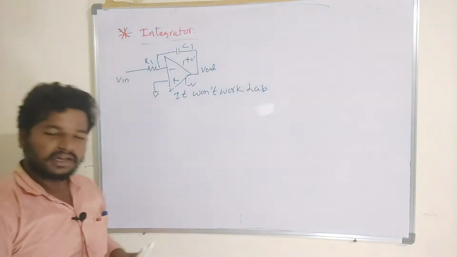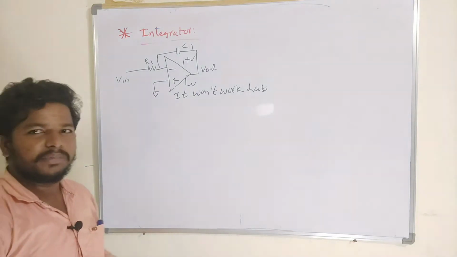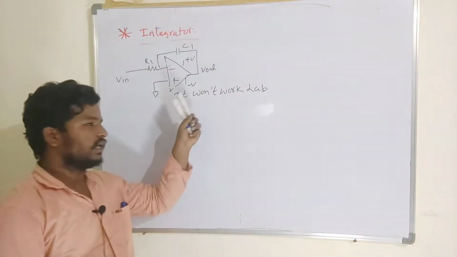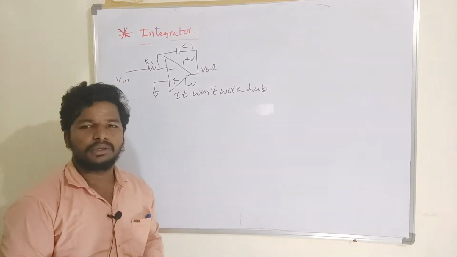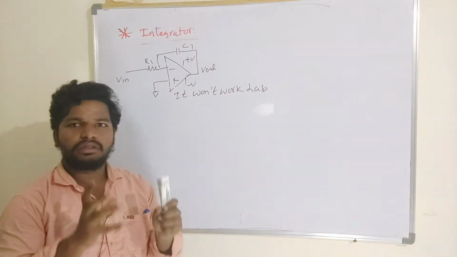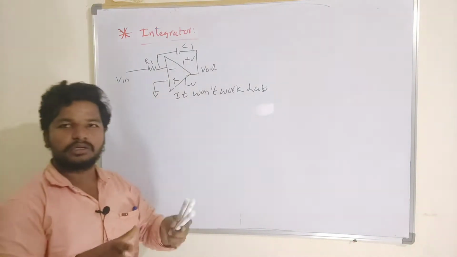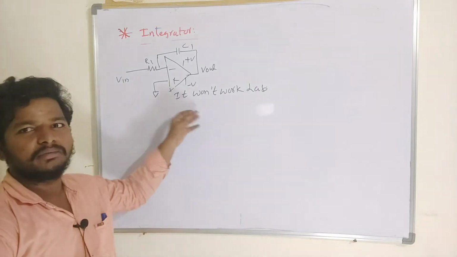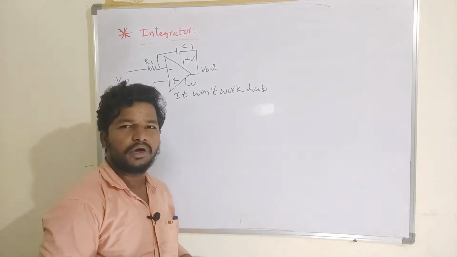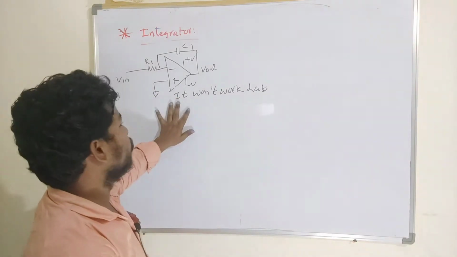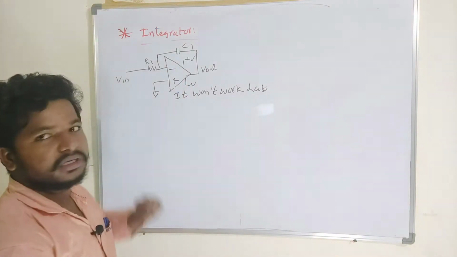Today we have to discuss why this operational amplifier won't work in the lab, on a breadboard or printed circuit board, or even in simulation software, because it has some bugs in the circuit. As an analog engineer, or one who wants to be one, you have to know the functionality of the operational amplifier very well so that you can solve this.